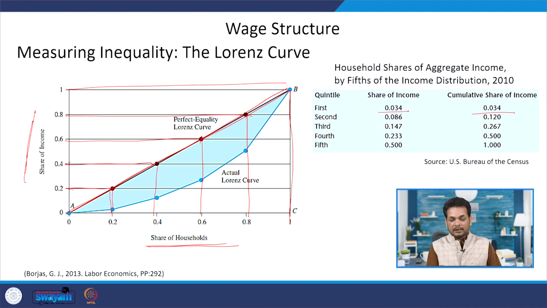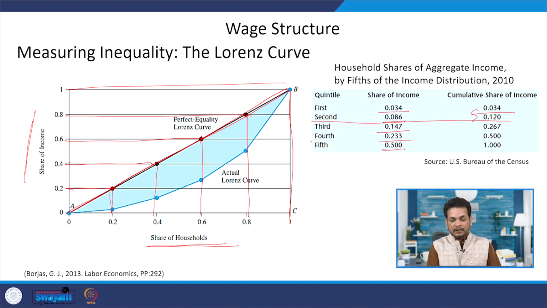The second quintile is having 0.086, the third quintile is having 0.147, the fourth quintile is having 0.23, the fifth quintile is having 0.500. So, if you keep on adding, the first and second quintiles together are having 0.12 share of income.